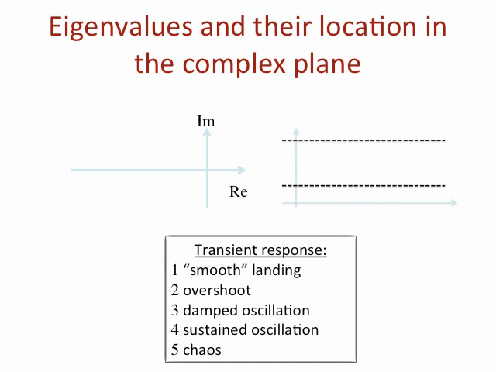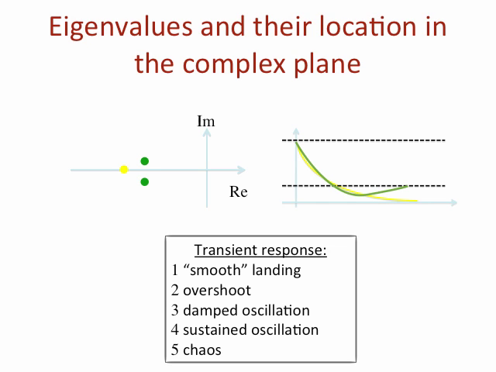Let me conclude this section of the lecture by talking a little bit about the importance of the location of the eigenvalues in the complex plane. If the eigenvalues are real and negative, the dynamic response will be as shown in this slide, just an exponential decay.